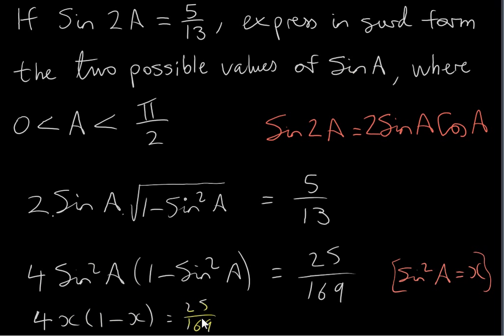Now you see we have a quadratic equation in x, so we can solve this for x. If it's a quadratic equation there's probably two values of x, and we can then equate x to sine squared a to find the two corresponding values of sine of a. We just take the square roots.